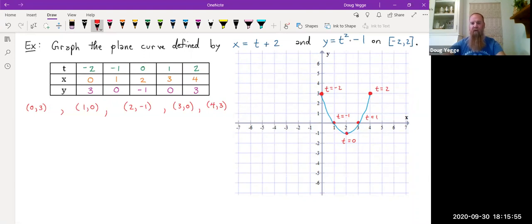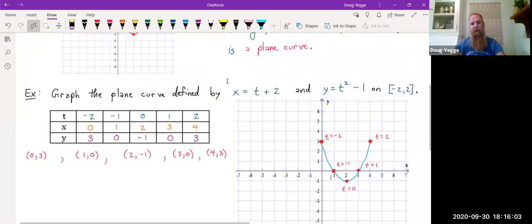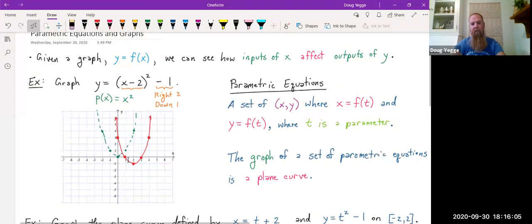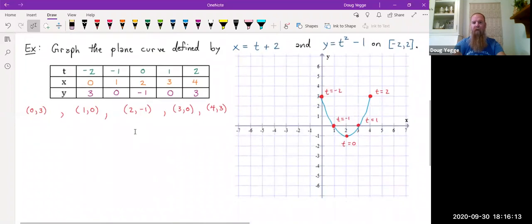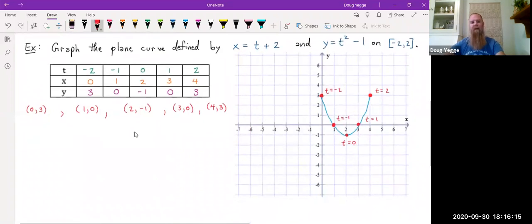But I'm sure that at this point you're recognizing that that looks like the same exact curve that we plotted in the original example. It looks like this curve is actually this function right here. So there's another thing that we're able to do once we create the plane curve by labeling each of our values and plotting the graph.